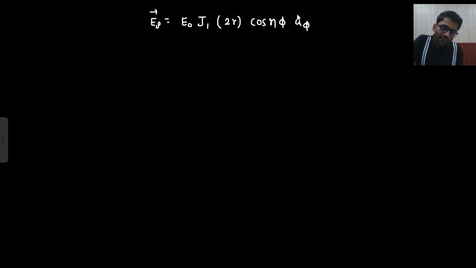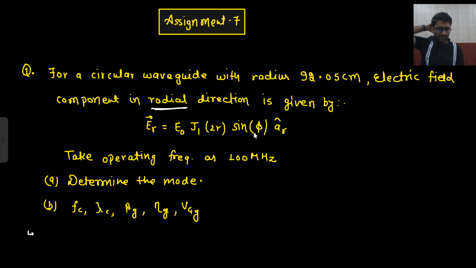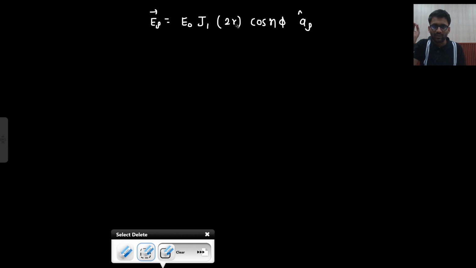Our E rho expression is E naught J1 2 rho cos n phi a rho cap. I just replaced R with rho. So here as well there will be 2 rho.